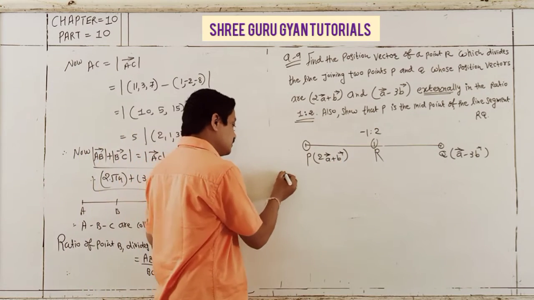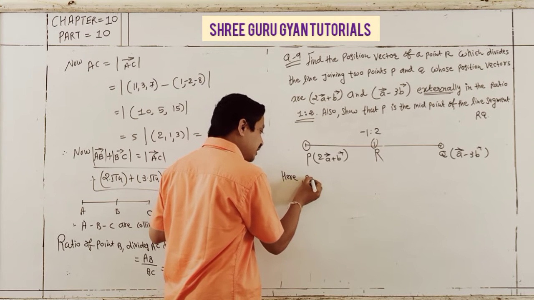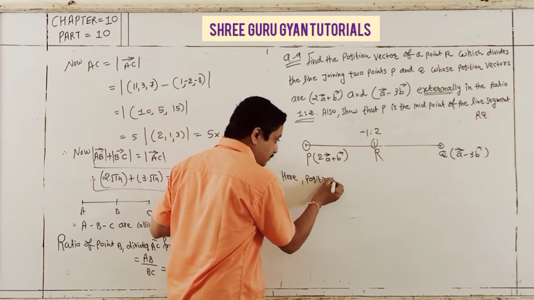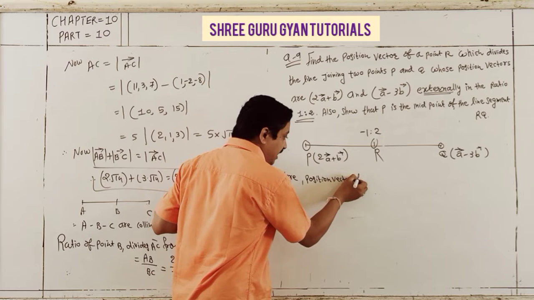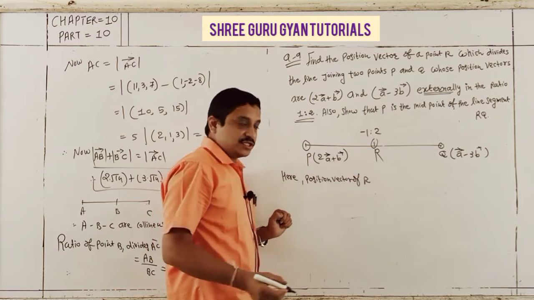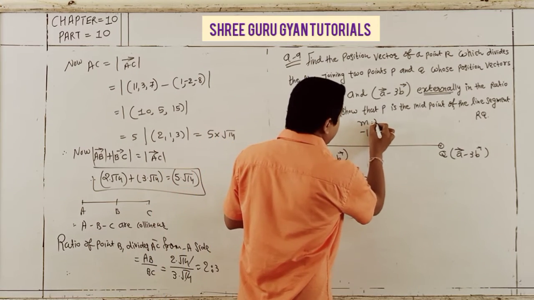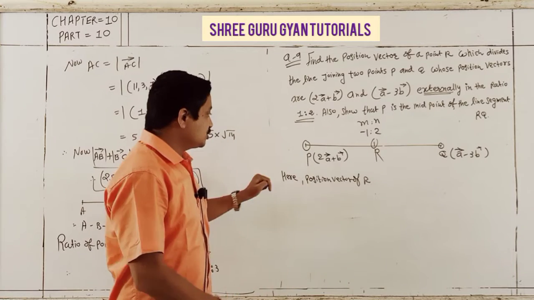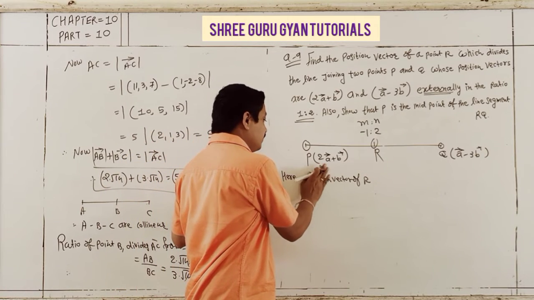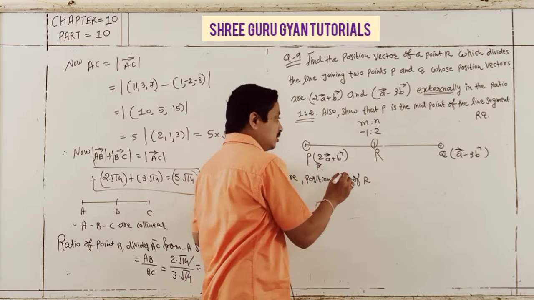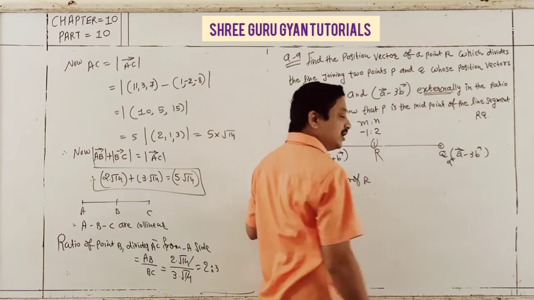So here the position vector of R, you consider it as m:n, where this position vector is small q for P and that is small q for Q, just for understanding.